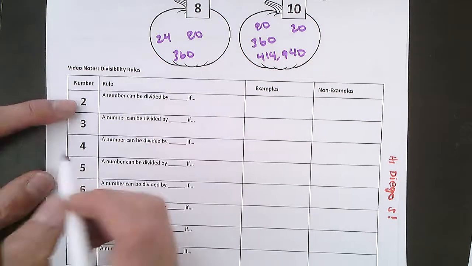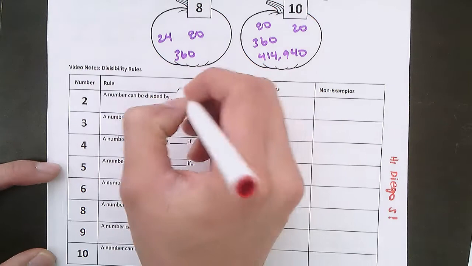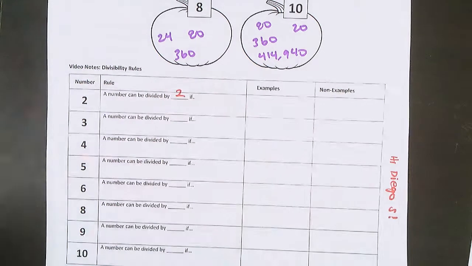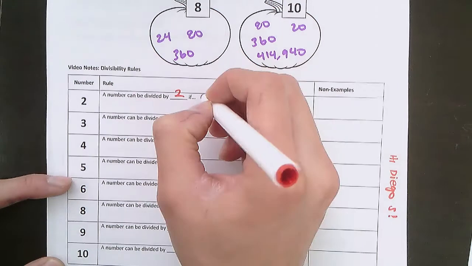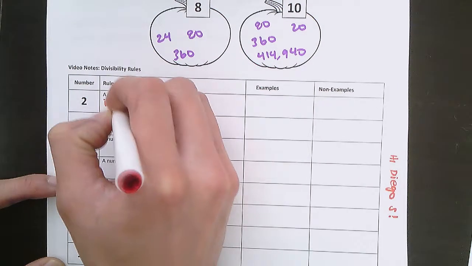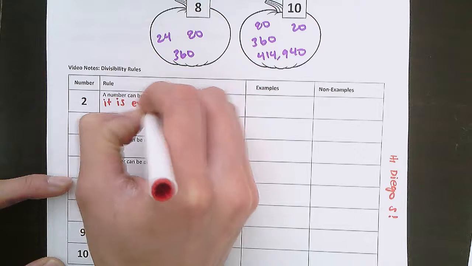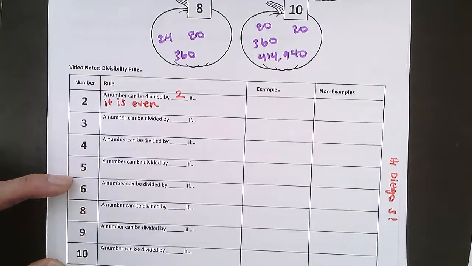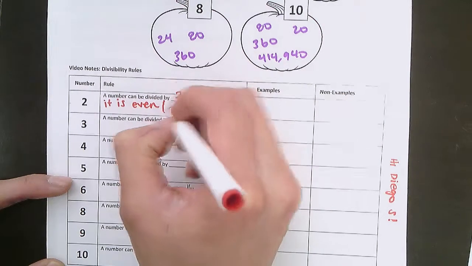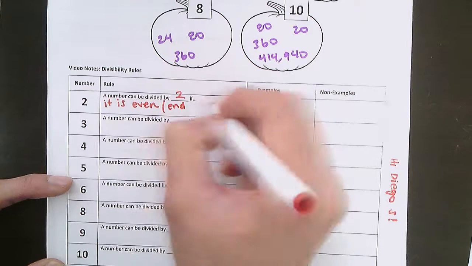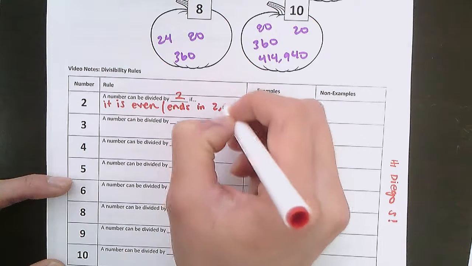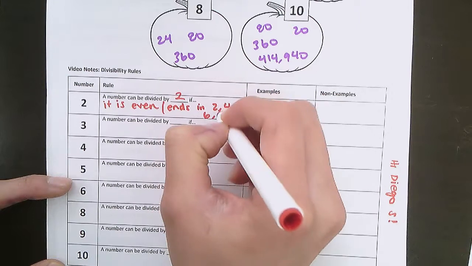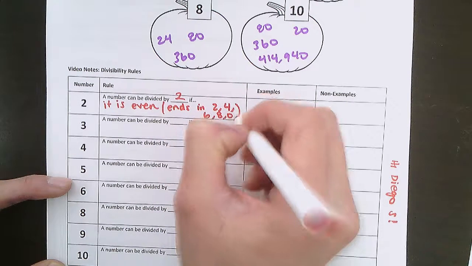So for the number 2, a number can be divided by 2 if it is even. And what we mean by even is numbers that end in 2, 4, 6, 8, or 0.